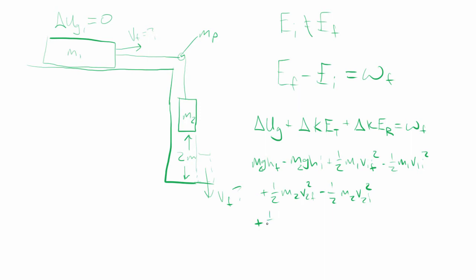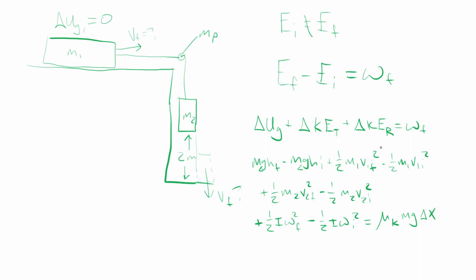So I have 1/2 I omega final squared minus 1/2 I omega initial squared. That's equal to the work done by friction, which is mu sub k times the normal force, which if you do the free body diagram, you will realize is m times g times delta x.